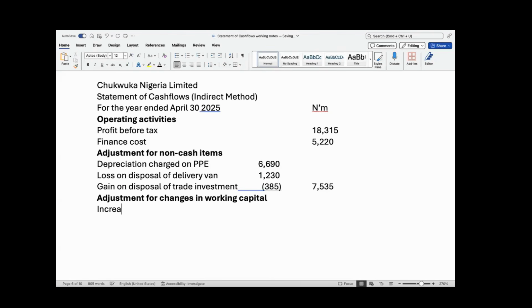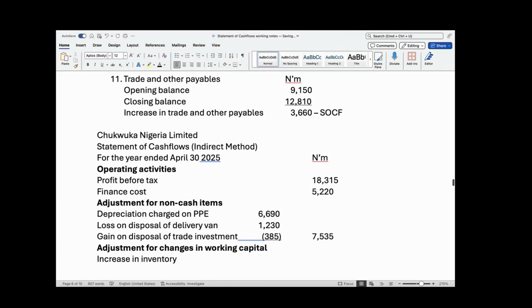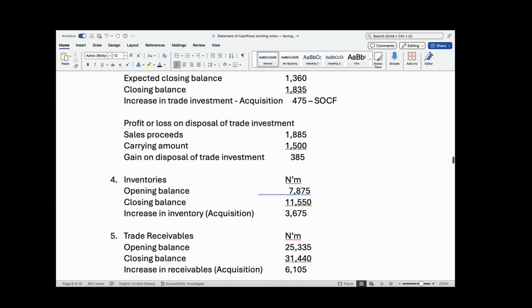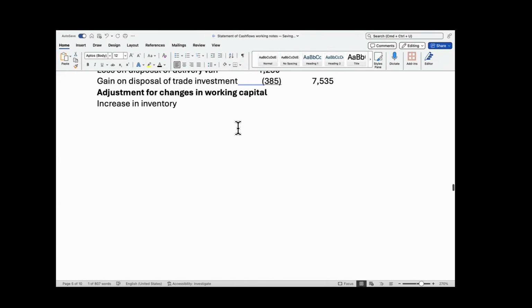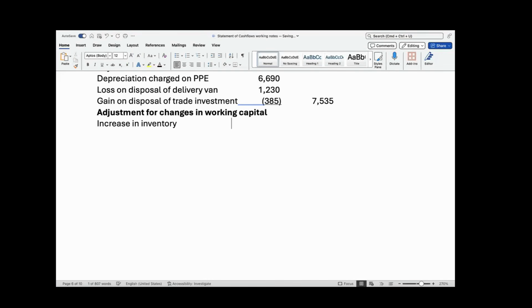So let's pick up increase in inventory first. We did the workings already. This is an outflow, 3675.